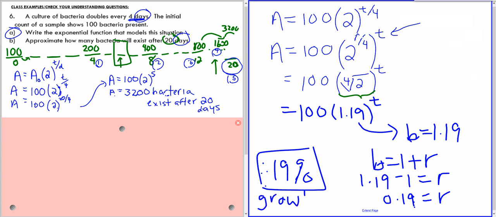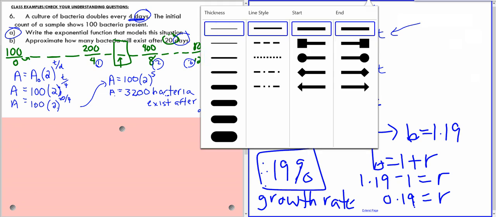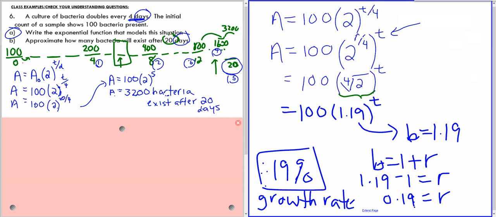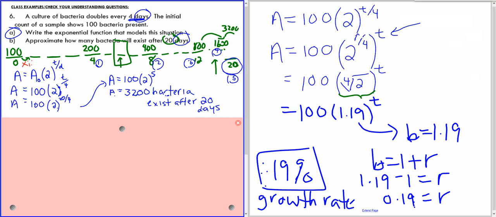So if you go back to the little chart I started off with, that's basically saying if I multiplied 100 by 1.19, I would have known that I had 119 bacteria on the 2nd day.